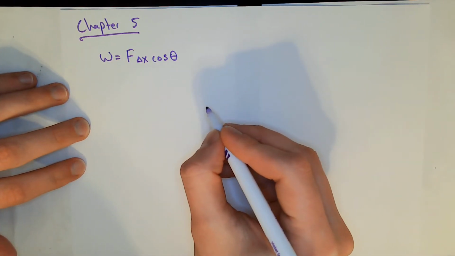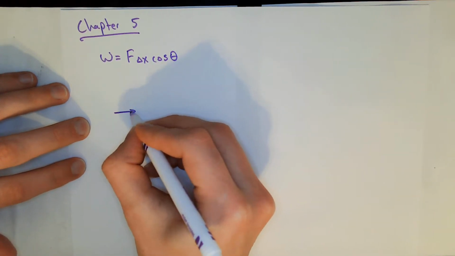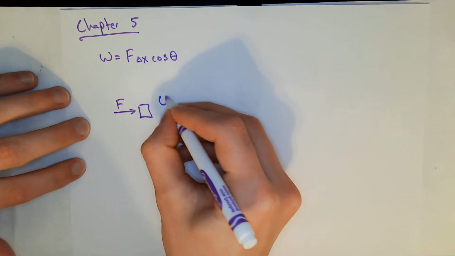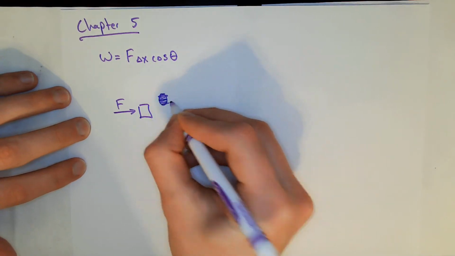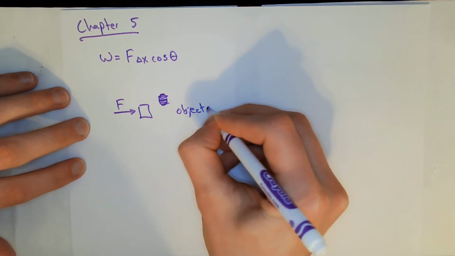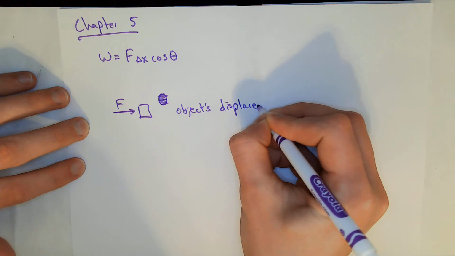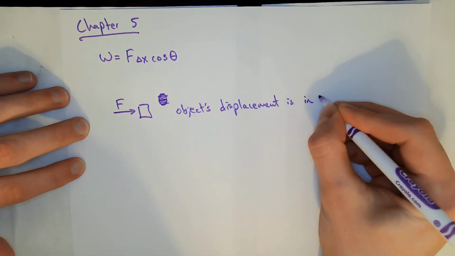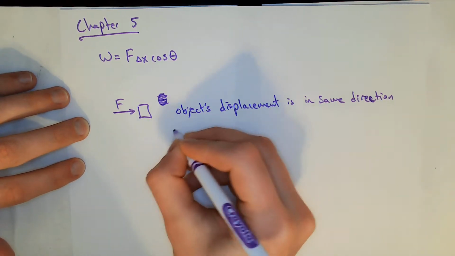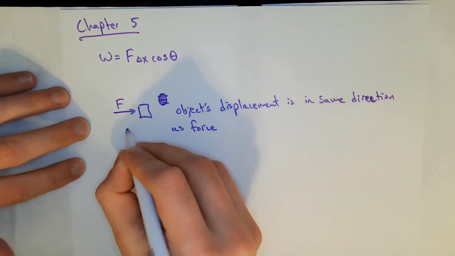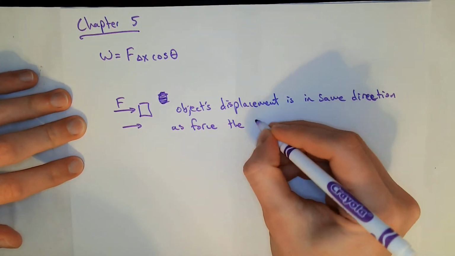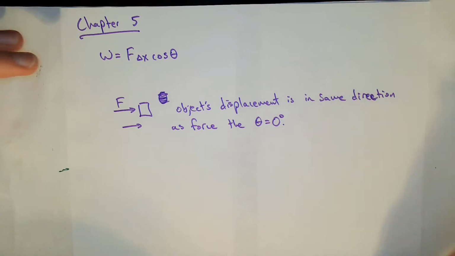So if some force is applied to some object, and the object's displacement is also to the right, in the same direction as the force, then the angle is just 0 degrees and cosine of 0 is 1.